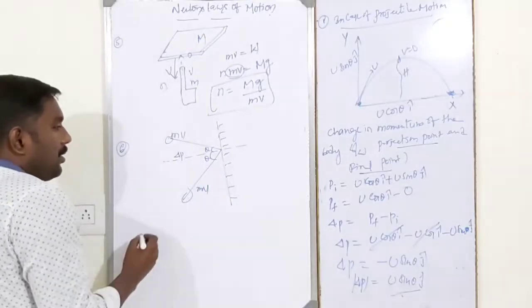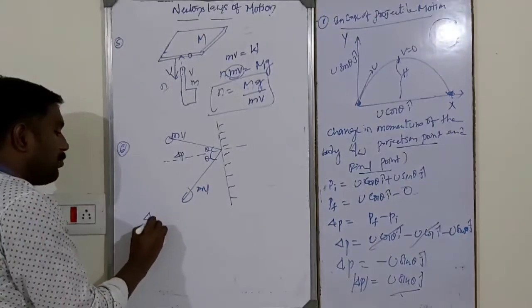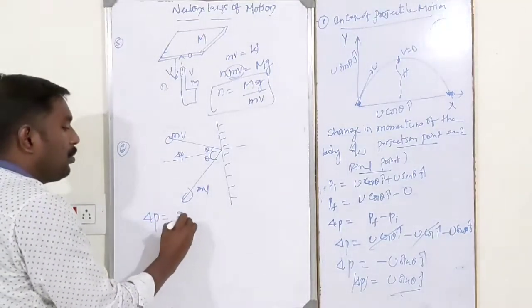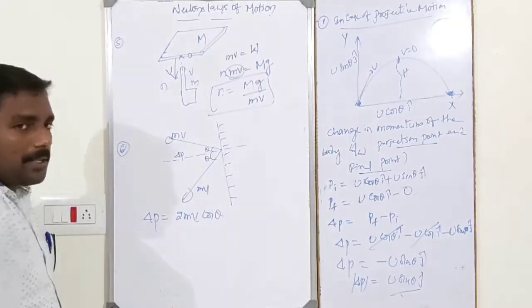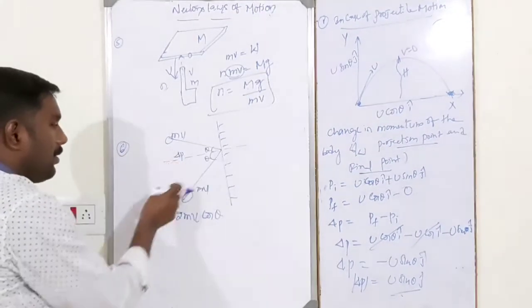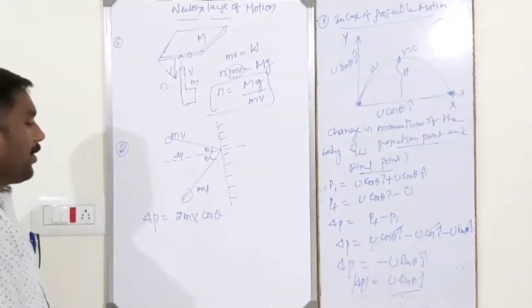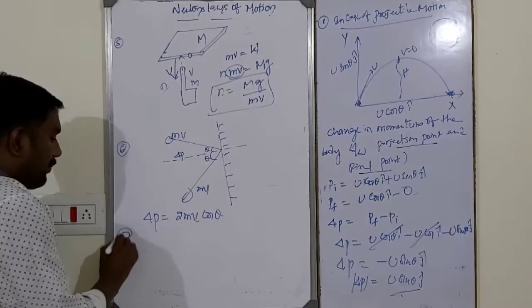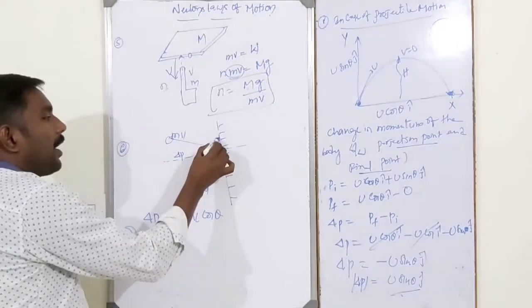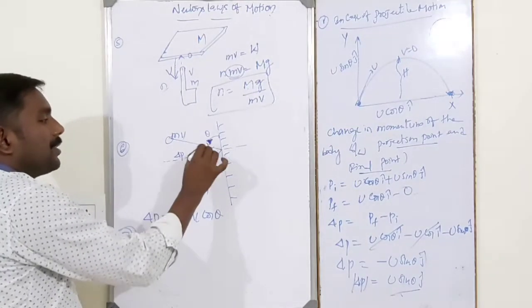So what is the change in momentum? The change in momentum delta p is equal to 2mv cos theta. That is mv cos theta in the initial direction, then the final also mv cos theta, total 2mv cos theta. Moreover, suppose in this case this is the theta.